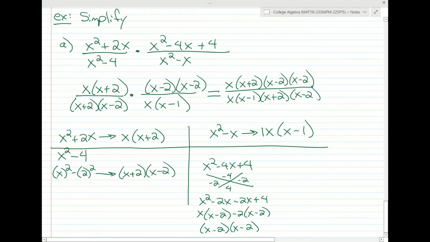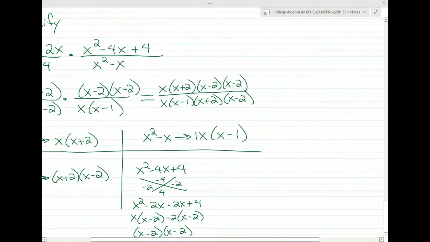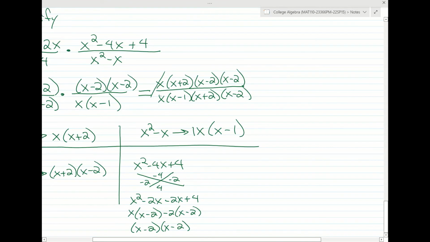Kind of the fun part, once you're all factored, you can start cutting off the factors that are the same. So I see a factor of x on top and on the bottom. I see a factor of x plus 2 on top and bottom, x minus 2 on top and bottom. And after all of this is said and done, we're left with x minus 2 on top over x minus 1.